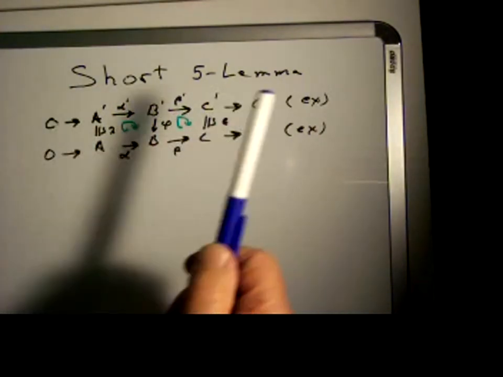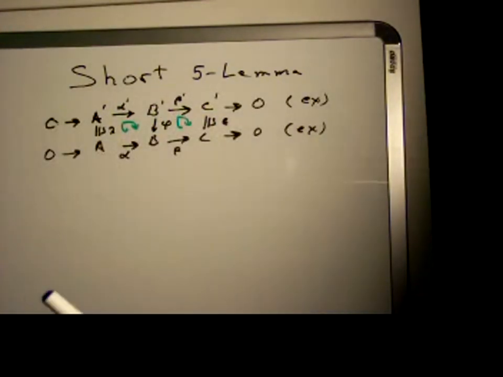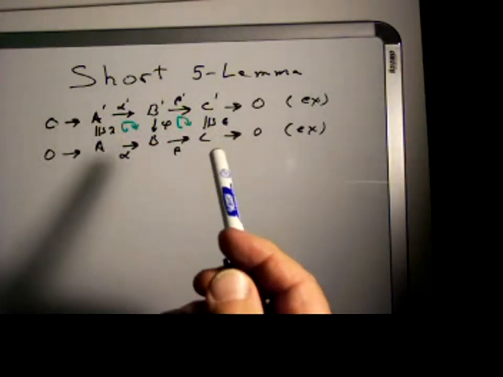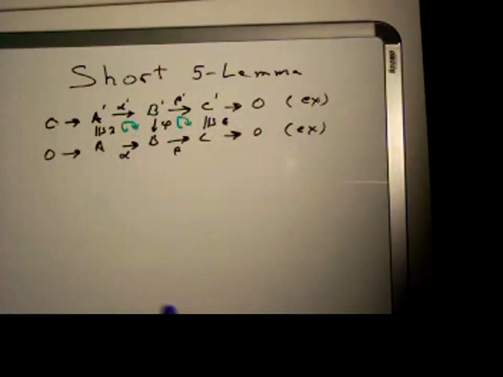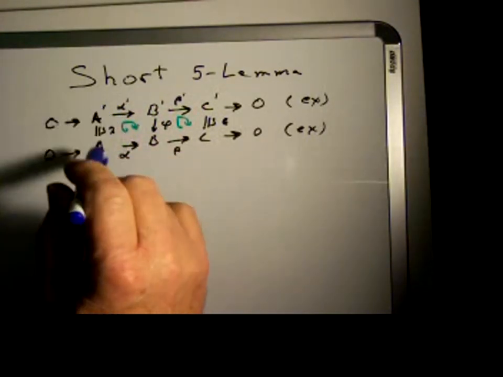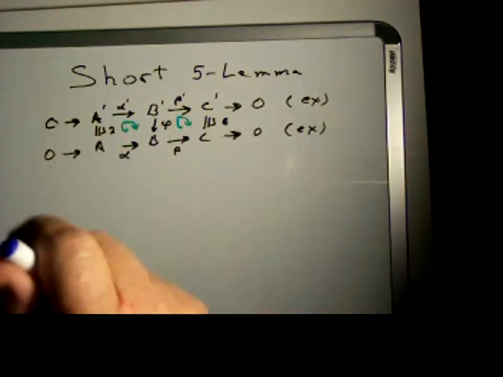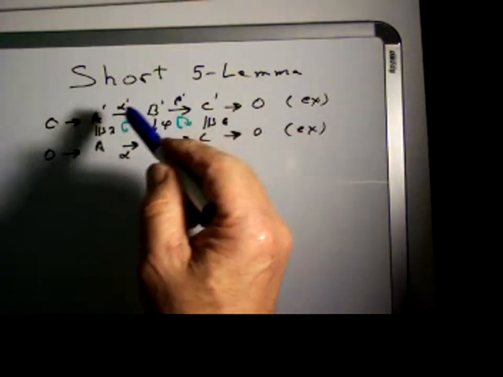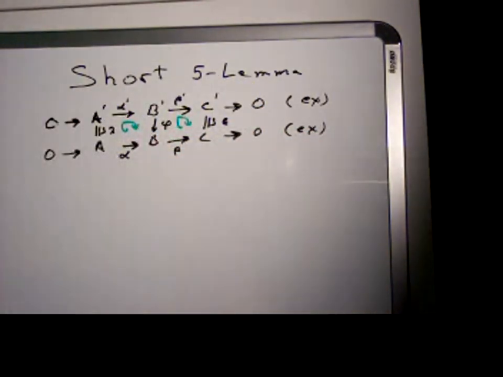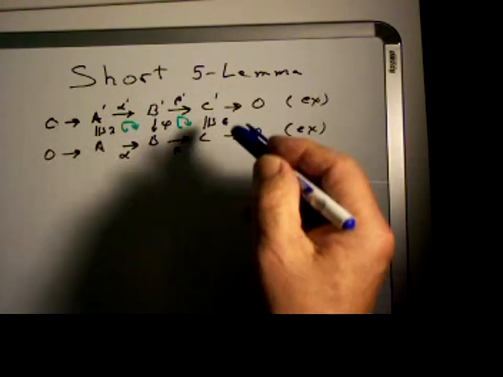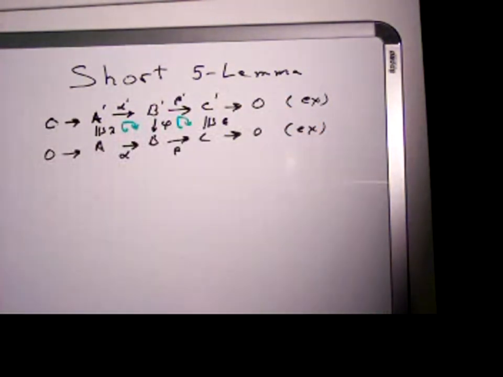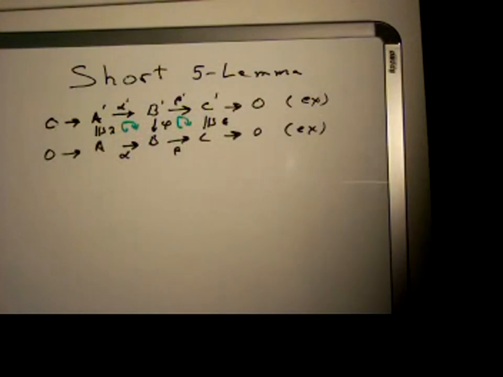At the top we have an exact sequence, and the bottom row we have an exact sequence. For example, the two exact sequences I used in the last video: A prime and A was the cyclic group of order 3. C prime and C was the cyclic group of order 2.